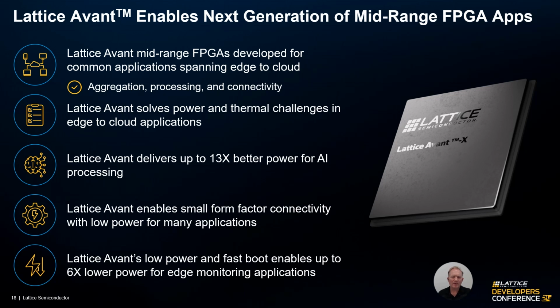And then we wrapped up by talking about how we can combine the fast boot and the low power to drive overall power consumption even lower. What we showed is by power cycling the FPGA, we can reduce the already low power consumption by a factor of 6x for even lower power in your designs.